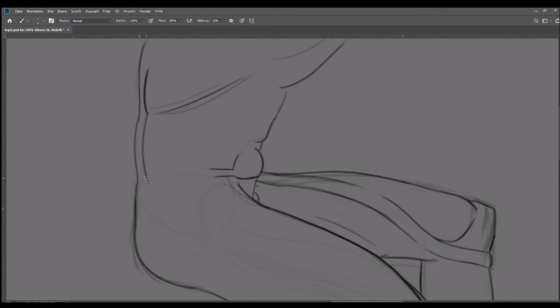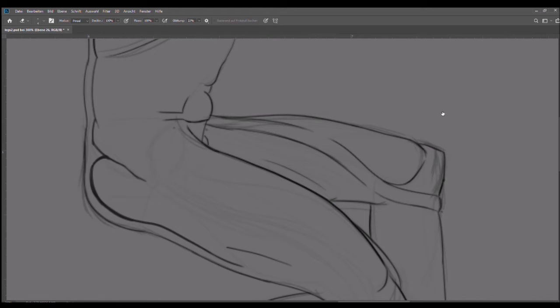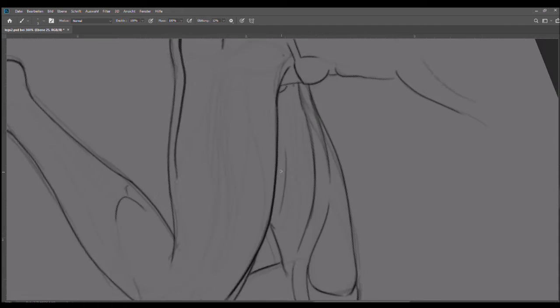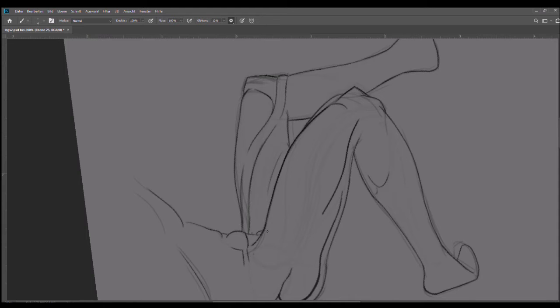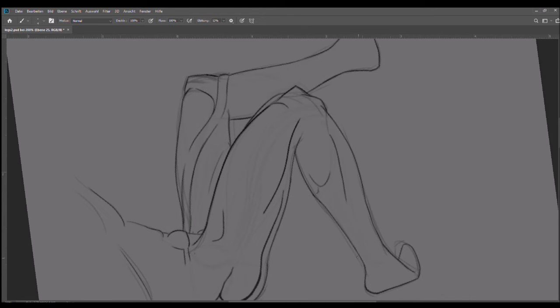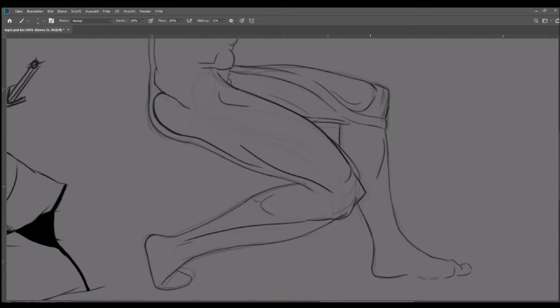So once you've learned the anatomy, a good way to approach these kinds of drawings is by constructing the lines. First of all, as I always say, I consider myself still in the process of learning. I don't think I will ever reach a point where I say, okay, now I've learned everything that is important for drawing.